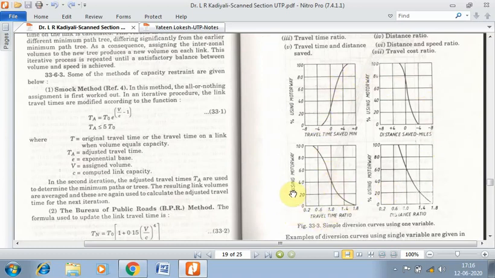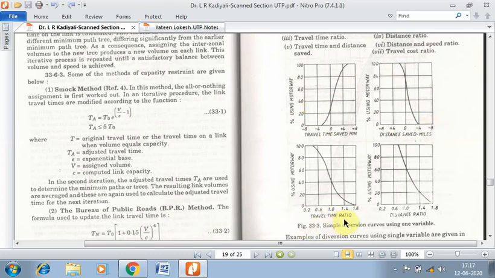Along the y-axis you can see you have percentage using motorway. When it comes to travel time saved in terms of minutes against percentage using motorway, the graph would look somewhat like this. When you have distance saved in miles along the x-axis, it looks somewhat like this.